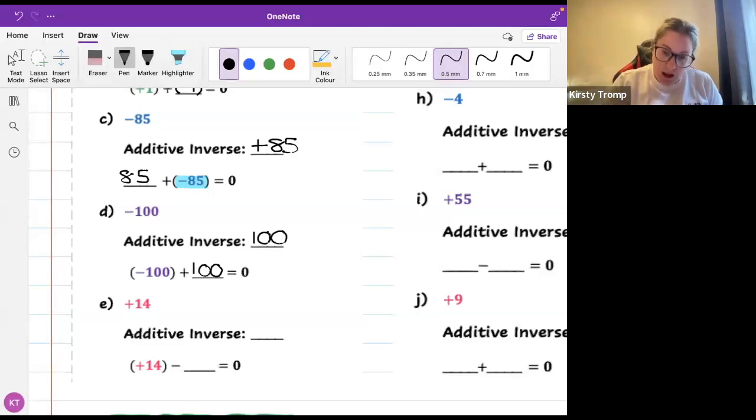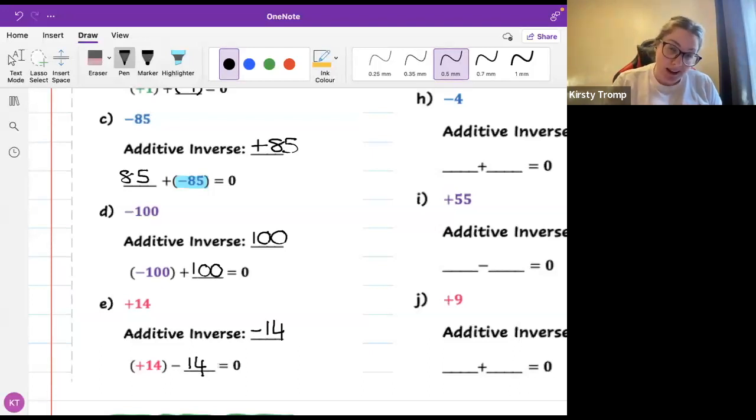I've got 14. The additive inverse of 14 would be negative 14. So now let's look at my sum. My sum says 14 minus something gives me 0. So 14 minus 14 will give me 0.